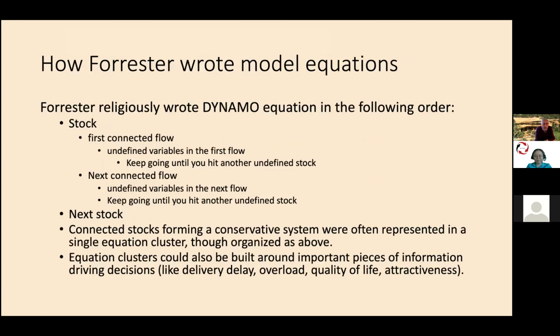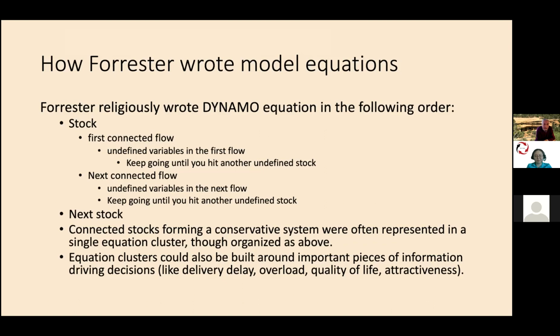Now, I was curious how Forrester wrote the equations so that this hierarchy is implicit in those equations. And as a student, this is the process we were told to follow when we wrote model equations. You start with a stock.